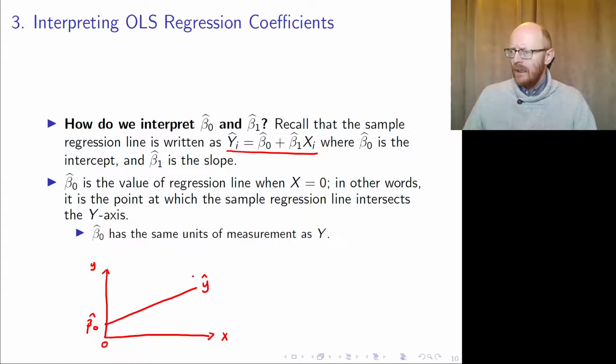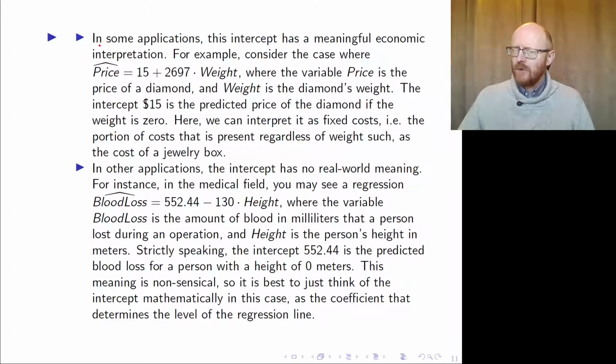It's important to notice that the intercept has the same units of measurement as the y variable. Also important to notice that in some applications, this intercept has a meaningful economic interpretation.